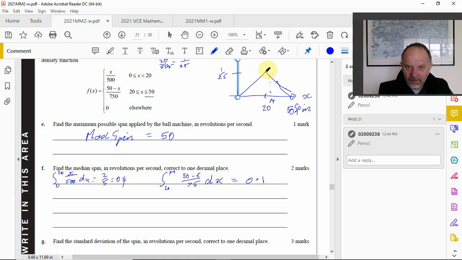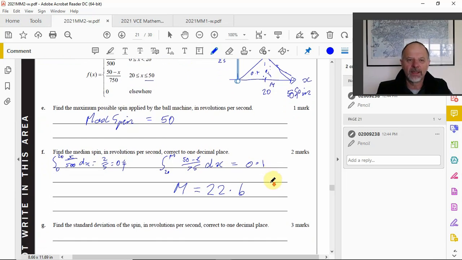Because up to there, that's 0.4, and so we need another 0.1 in there to take us up to halfway. Then we get our calculator to solve that for us. And so to 1 decimal place, you get 22.6. So just getting your calculator to solve this particular function.